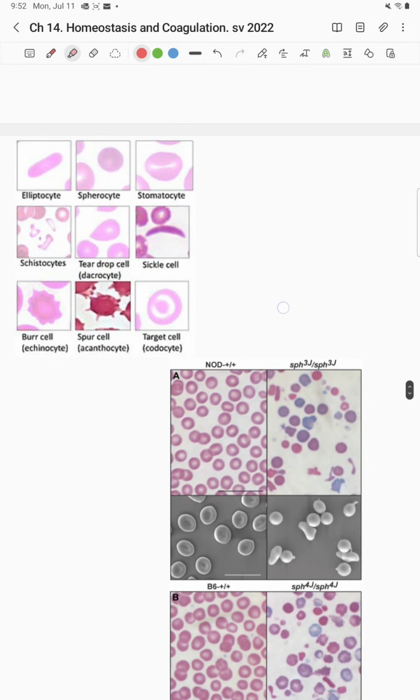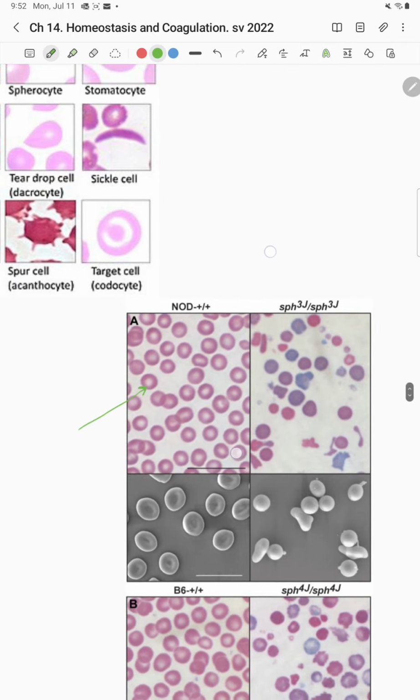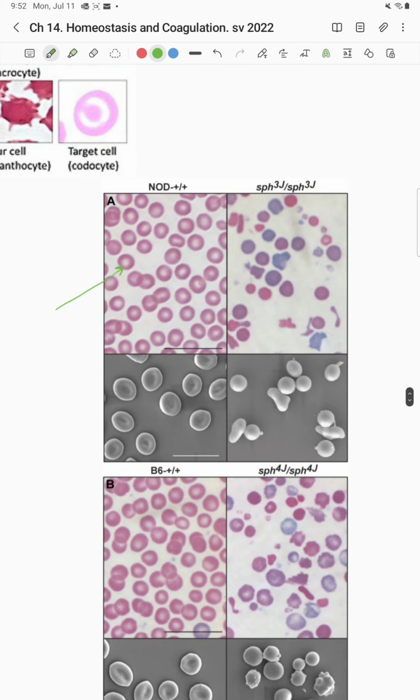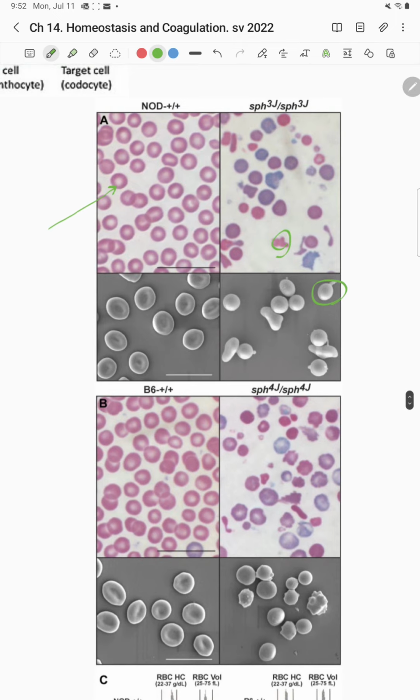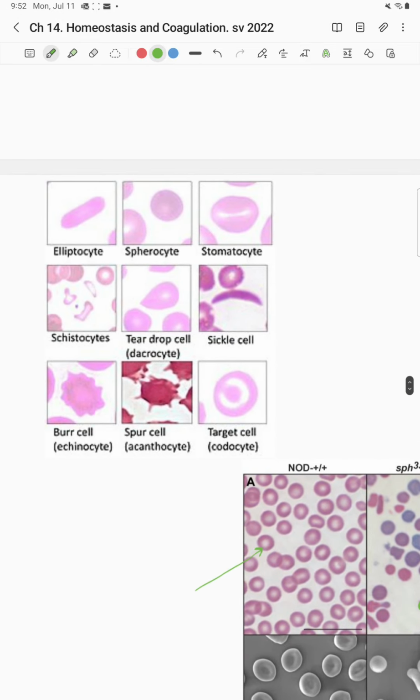Actually, let's look at normal. So here's a normal red blood cell. Then you can tell over here that some of these red blood cells are simply not normal. This one will show that as well.